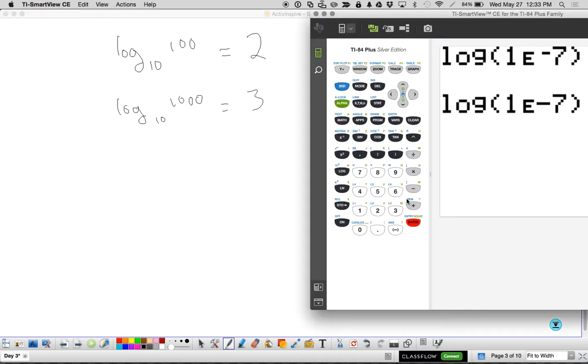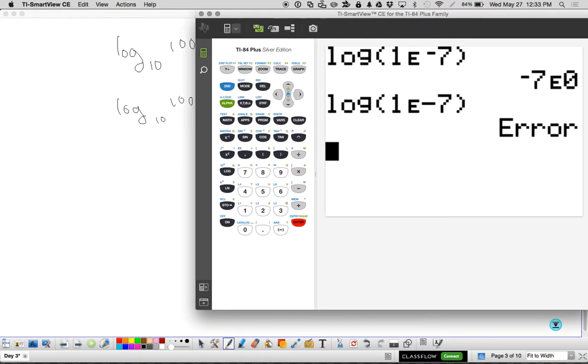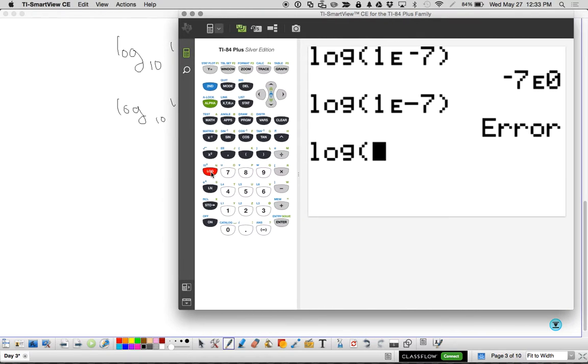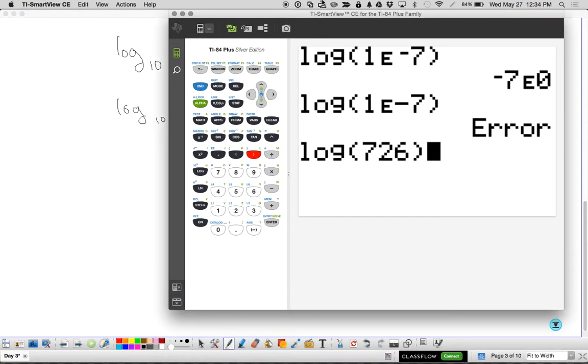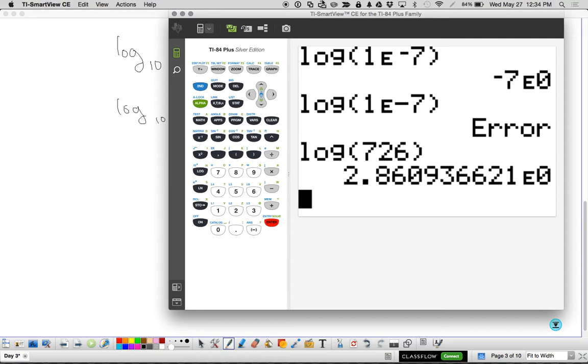So let's plug it into our calculator. Log of 726, close parentheses, that's what we're looking for. Okay, 2.8. So it's between 2 and 3, closer to 3.